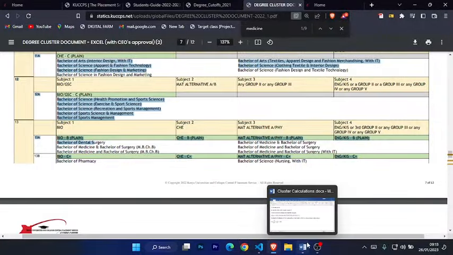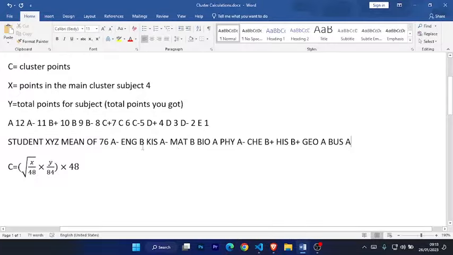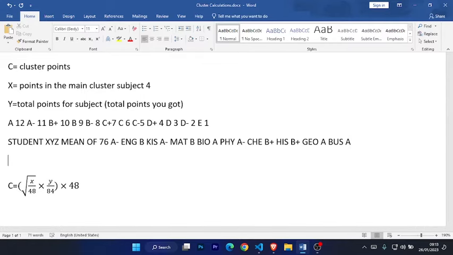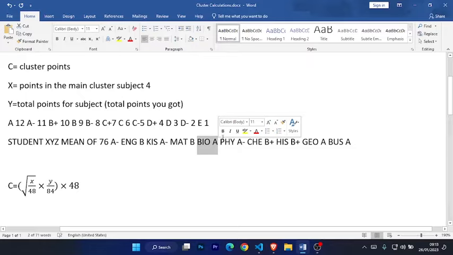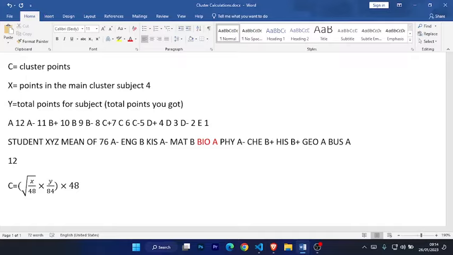Going to our student here, this student has an A in biology. So we take an A in biology, which represents 12 points. So here we can come and add 12 points. We must first of all get the 4 main subjects. 12 plus.